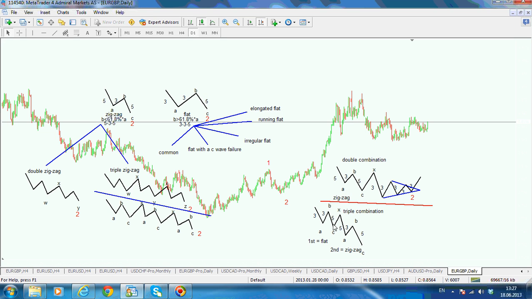And then connected with another X wave or intervening X wave. And of course the contracting triangle to end, and the contracting triangle that makes like this with A, B, C, D, and E. This is the contracting triangle.